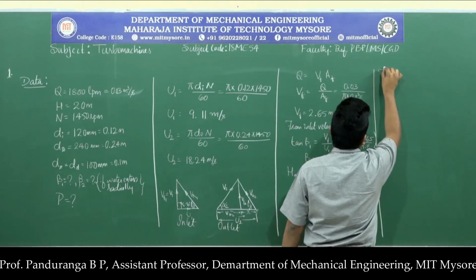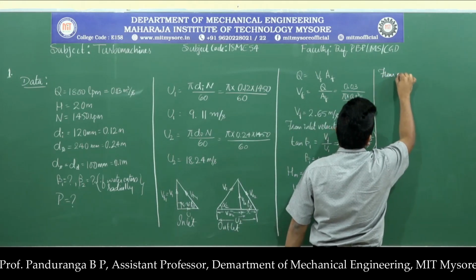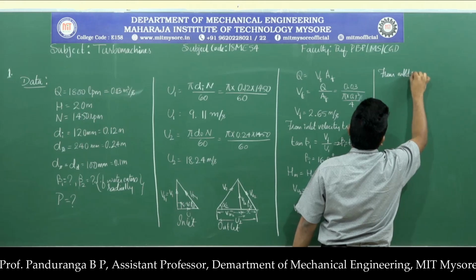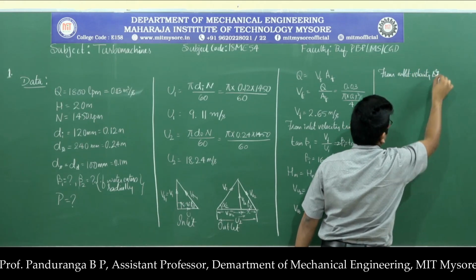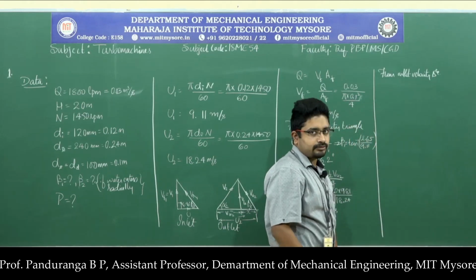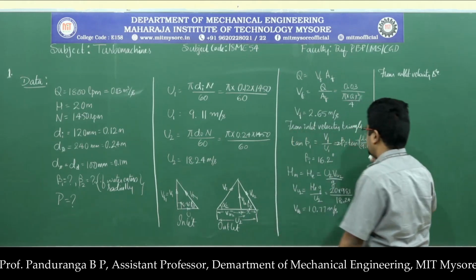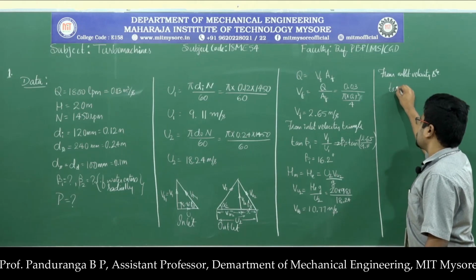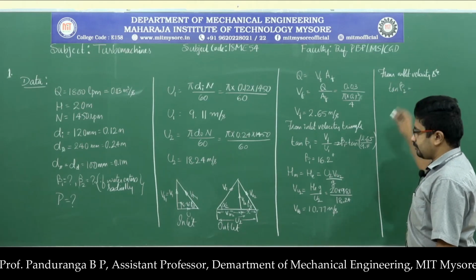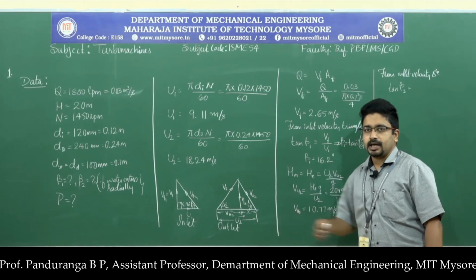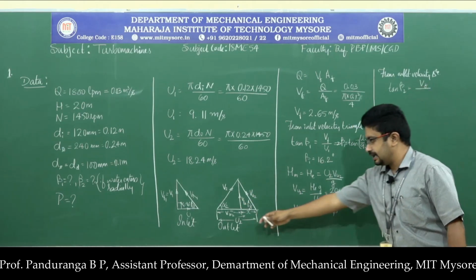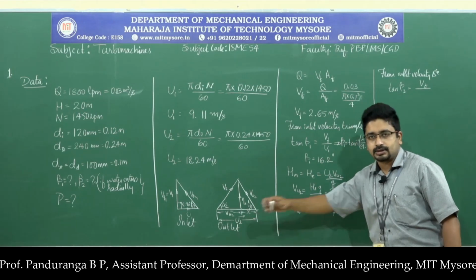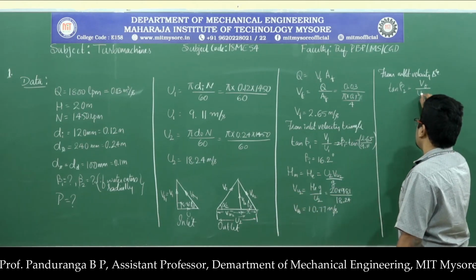Now I can find out the value of x and beta 2. From the outlet velocity triangle, I can write tan beta 2 equals opposite by adjacent side. Opposite is Vf, divided by the adjacent side. Instead of writing x, I will write it as u2 minus Vu2.